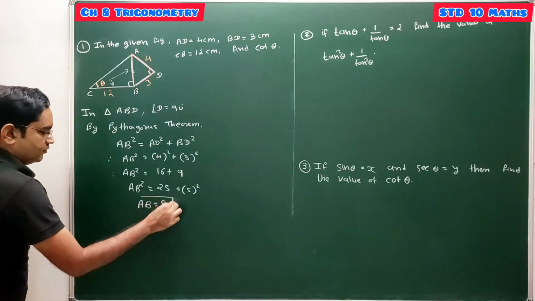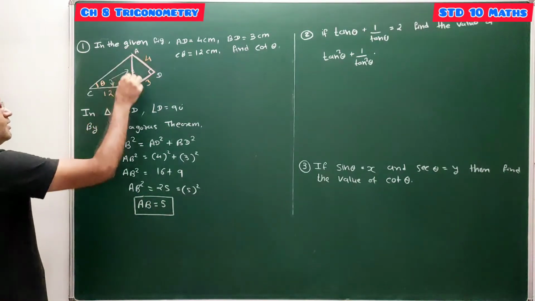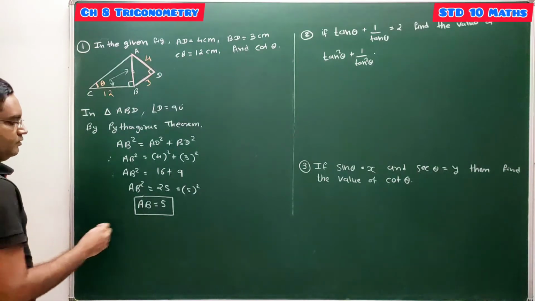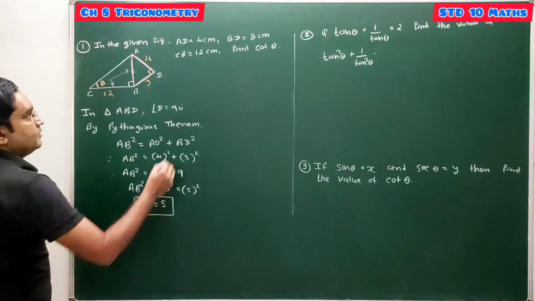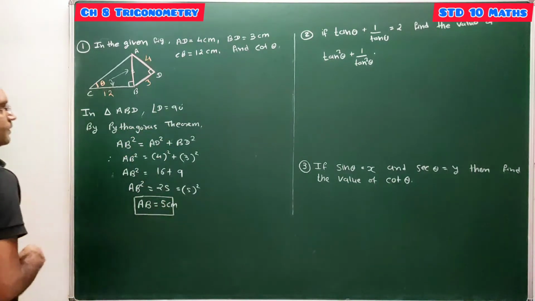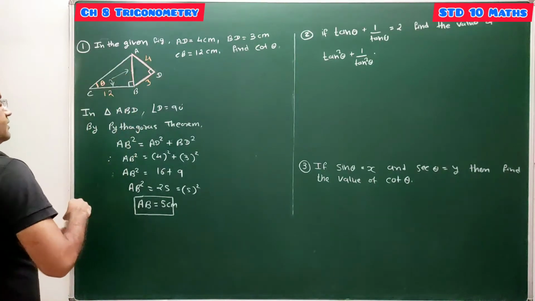Some students will say, sir, plus and minus, but we will not take it because this is the length of the hypotenuse, and length is always positive. So we consider AB equal to 5. Units are centimeter, you have to write centimeter. So this AB is the length of 5 centimeter.